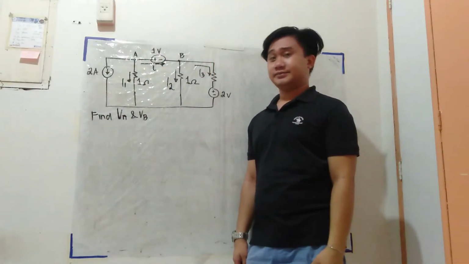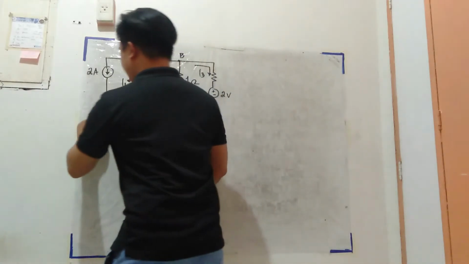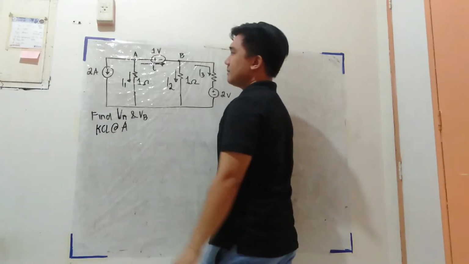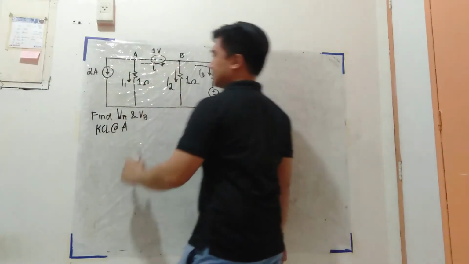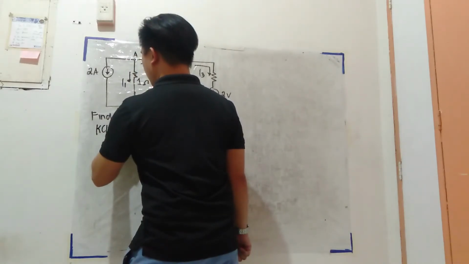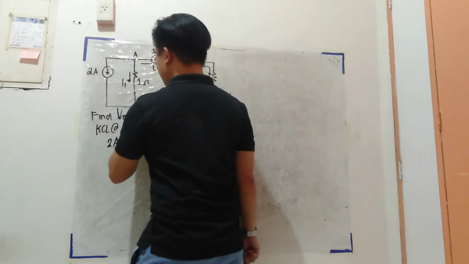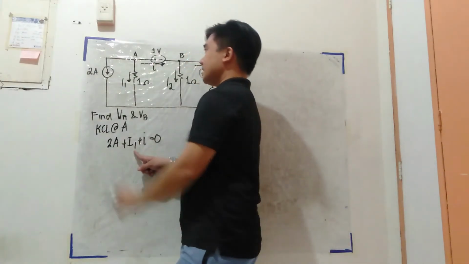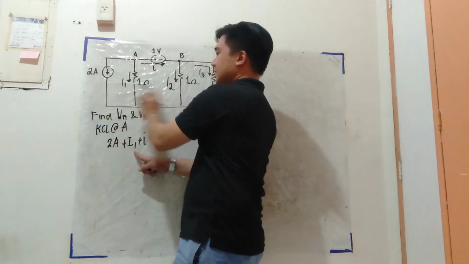Okay, yun lang. So, KCL at A. Diba? Palabas lahat. So, that's 2 amperes plus I1 plus I equals 0. Okay? And then si I1 is VA, and then ito, isa-set ko lang as ground.